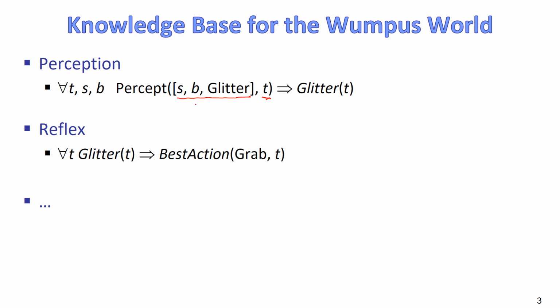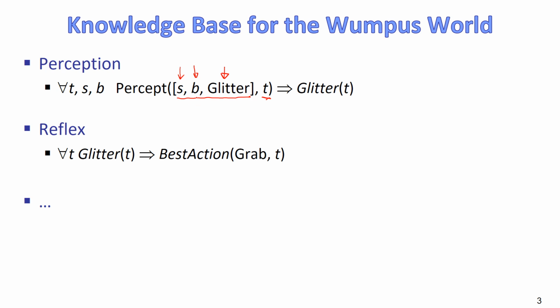And now we want to say that whatever we perceived in terms of stench or breeze, if we perceived glitter, then we want to explicitly identify by itself that we perceived glitter at time t, because that will be much more important now than any of the stench or breeze signals.